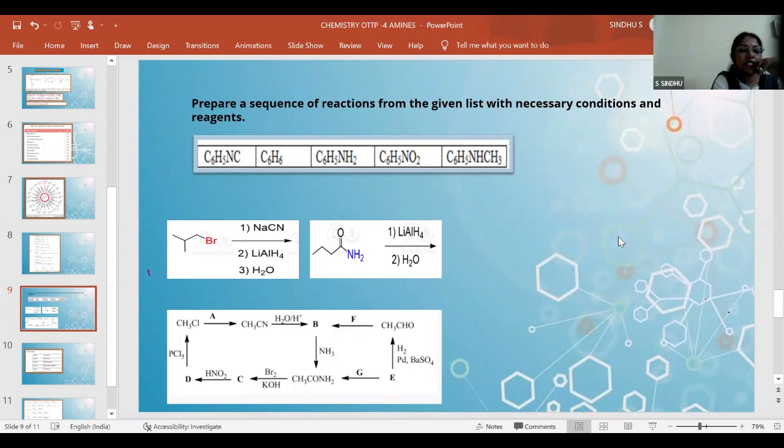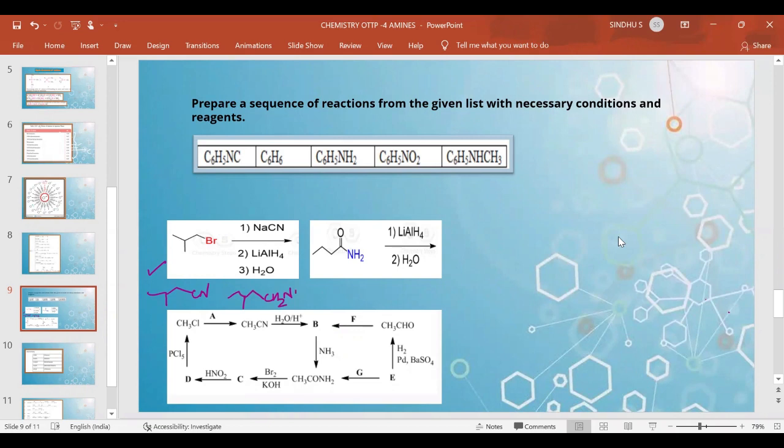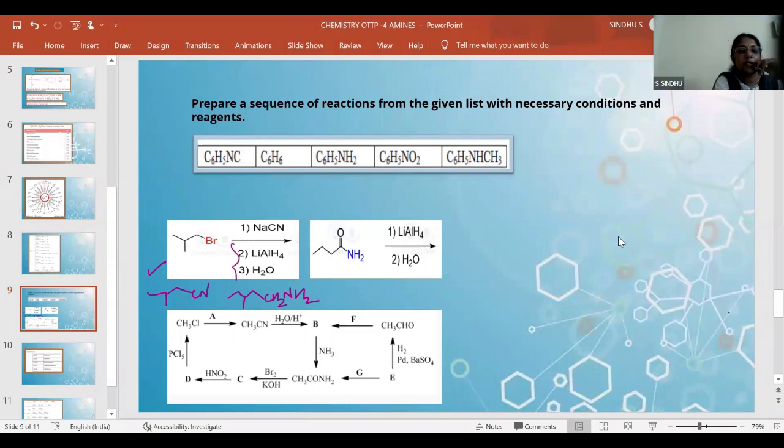Oh, you're talking about this one, sir? Yes, madam. Okay, right. Then further, when it undergoes reduction, it will form amine. CH2NH2. Yes, it will reduce to amine only. This with hydrolysis gives amides. Right.